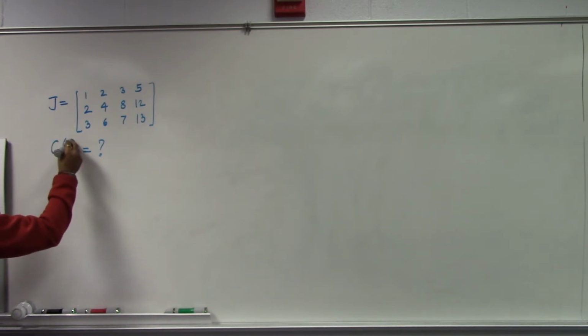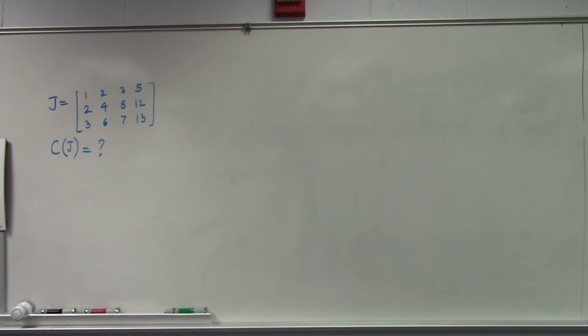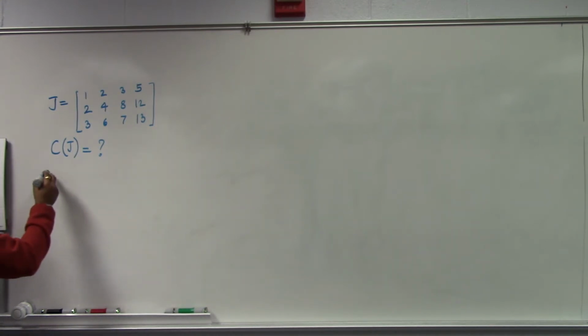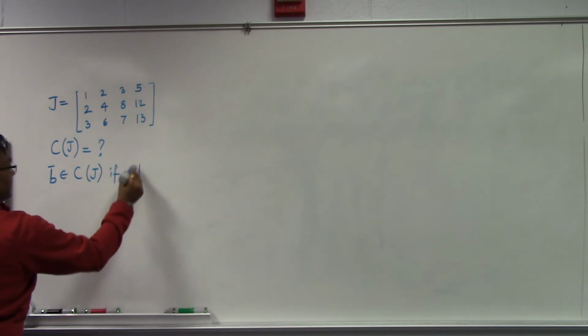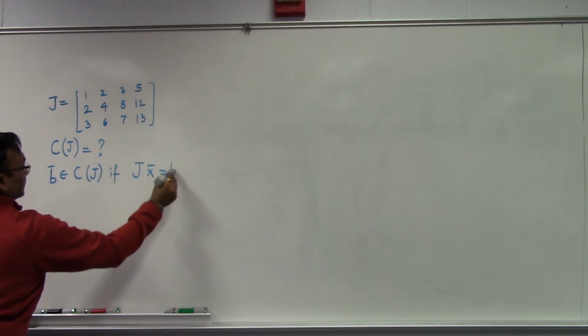For example, if I asked you, does a vector 2, 7, minus 19 belong to this? There's no way you can tell me just by that description that it's a linear span of the columns of J. So we want better information than this. So remember, we said a vector will belong to the column space of J if this system has a solution.